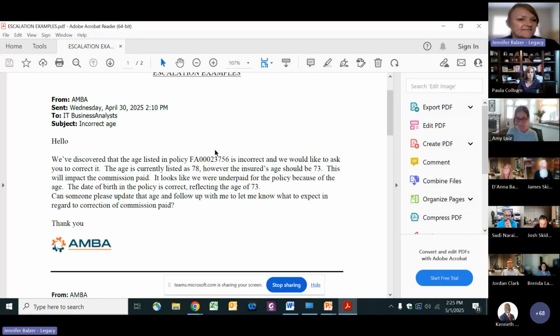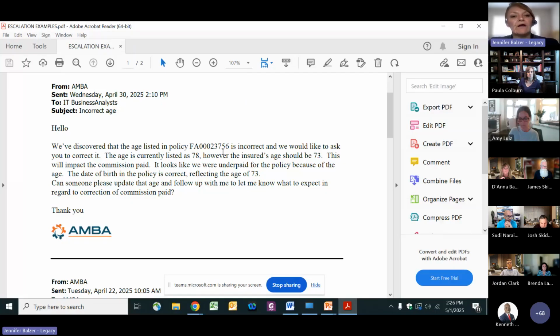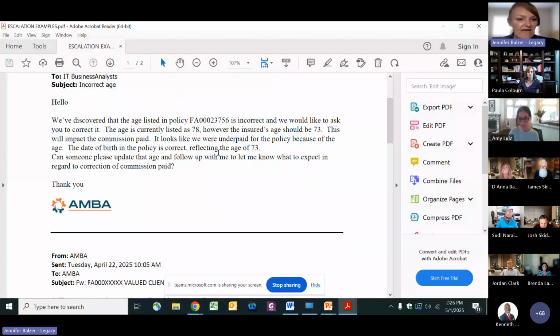It went to Legacy's IT business analyst area, and really, inquiries such as this would go to Ameritas directly, and or us here at Legacy on the suitability help desk or service inquiry team. So there was a question regarding a commission payment, an insured age, and things of that nature that was misdirected.